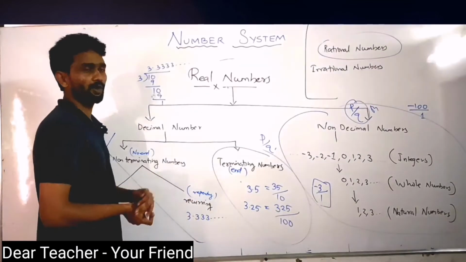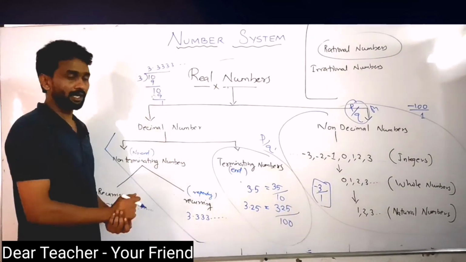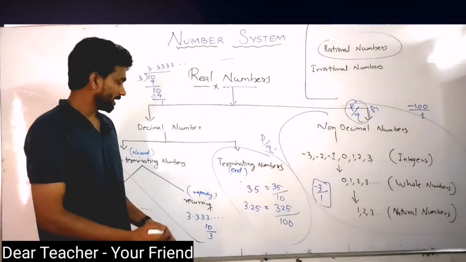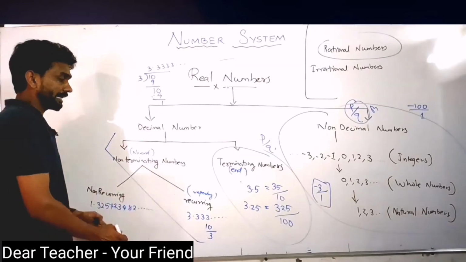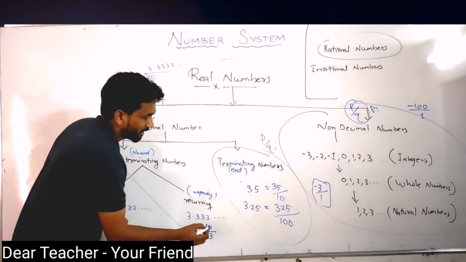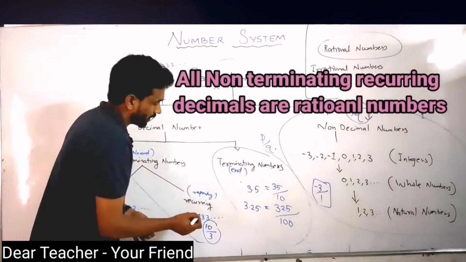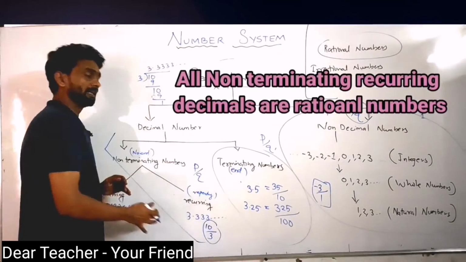Already we know 3.333 is what? 10 by 3. Non-terminating and recurring numbers we can definitely rewrite in p upon q form. This is also a rational number.